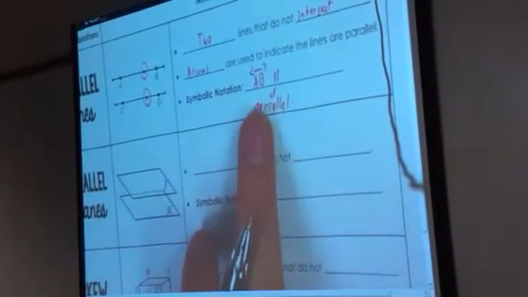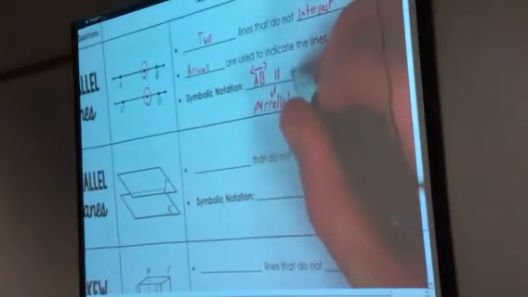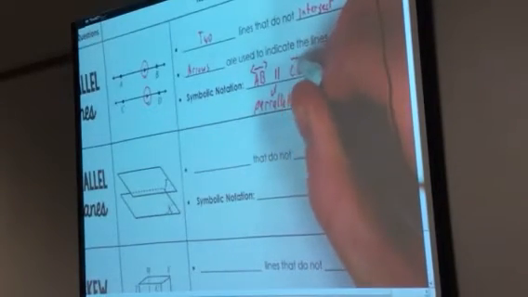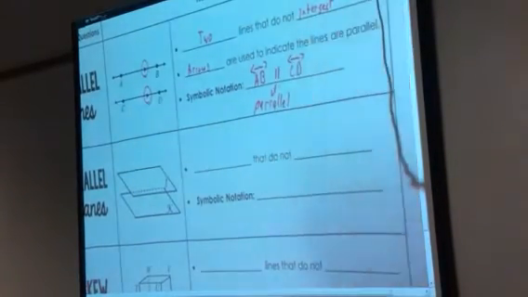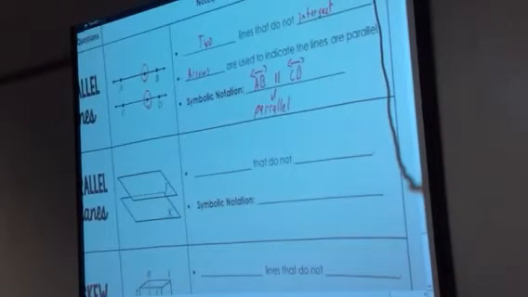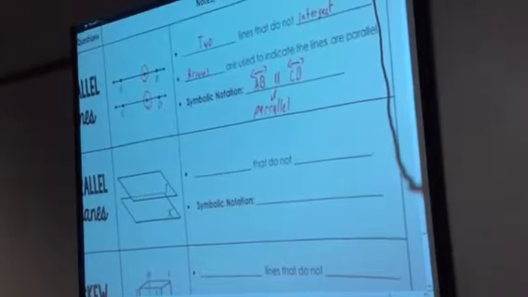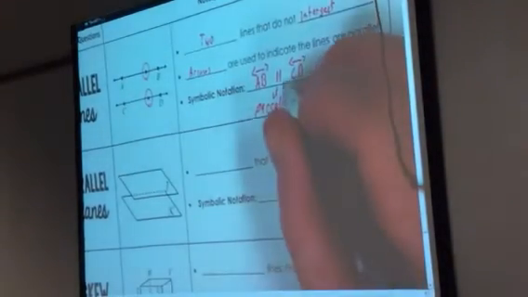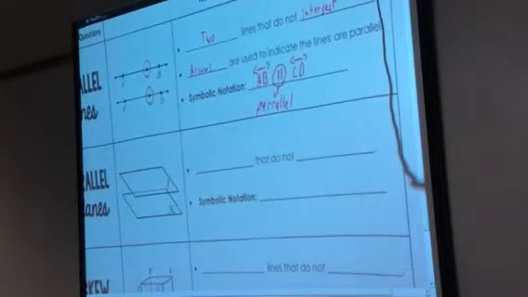And so line AB is parallel to the line CD. You'll see this a lot. You just always have to remember that that means parallel.